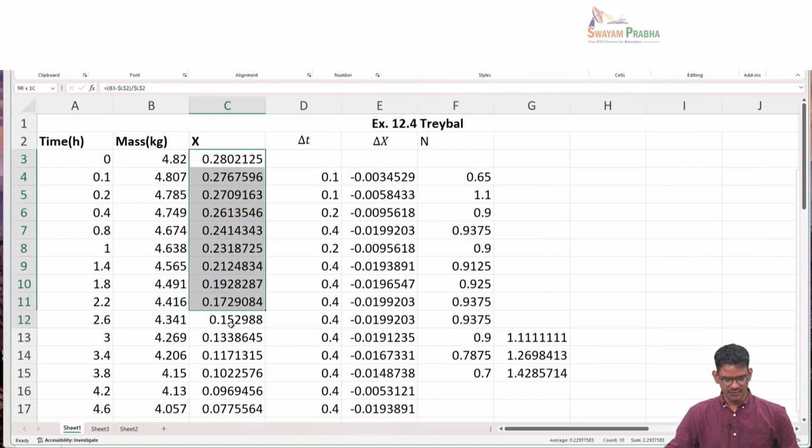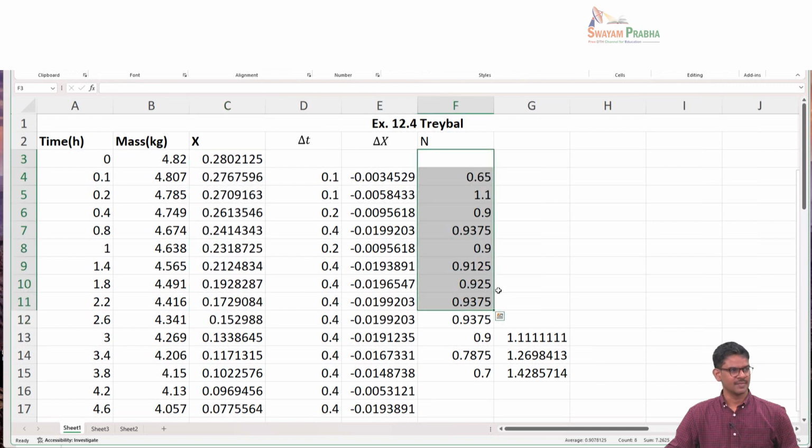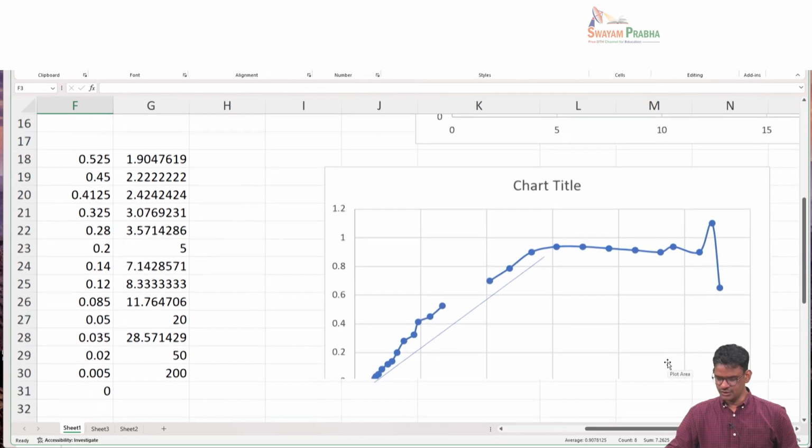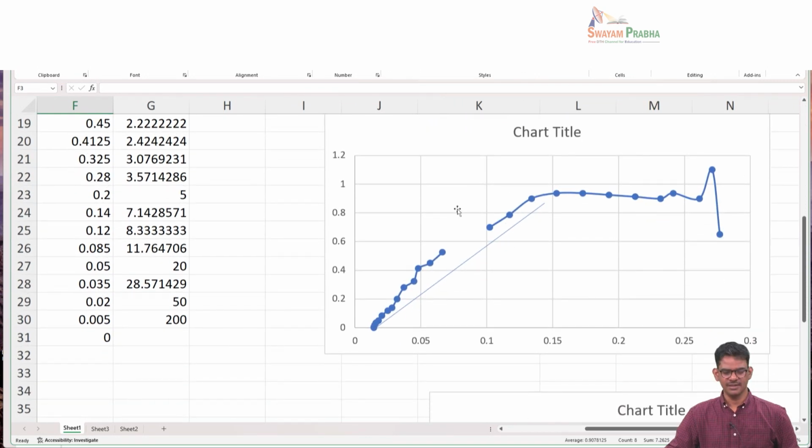So I make a data set between x and N, and if I plot that, I basically plot the drying rate curve, which should look something like this.